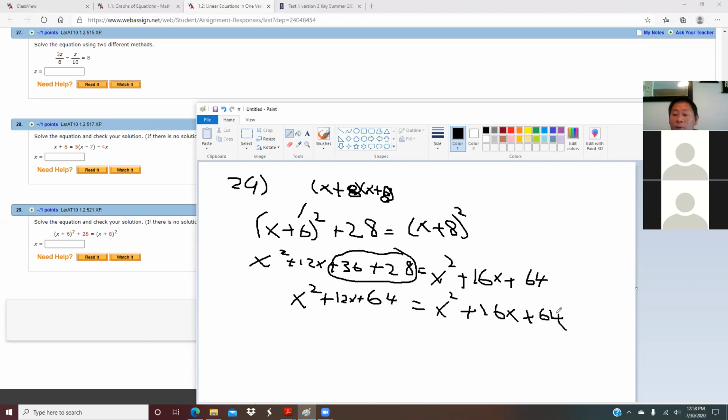So how do we solve this? First, the x squared, we will subtract it from both of them. And the good news is if you subtract x squared, this will become 0. And next, the 64 is also good, because if you subtract 64 on both sides, this also becomes 0.